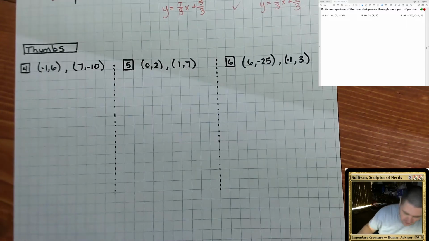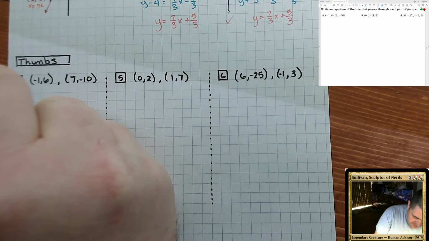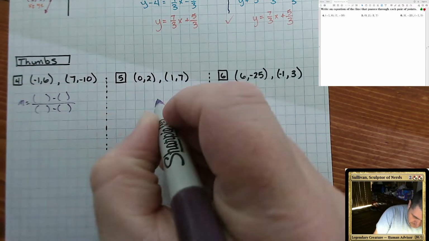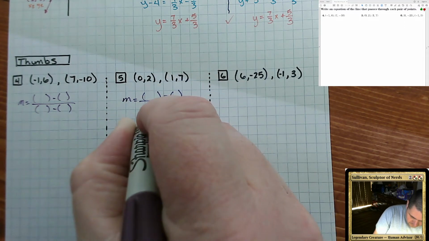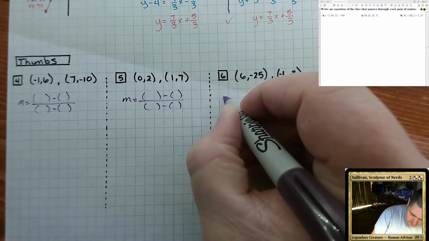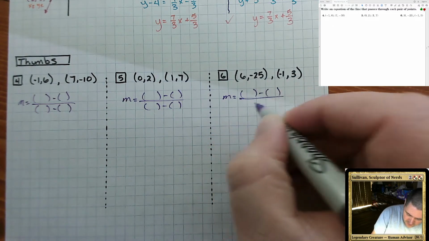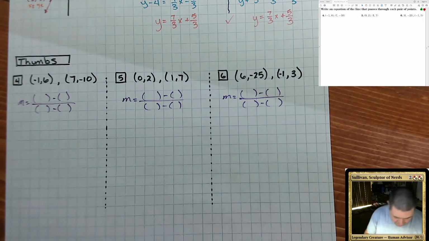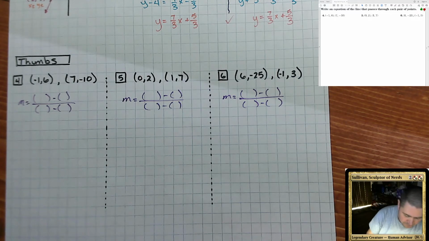All right, what we should have is in each of them, you start by finding your slope. You notice with each of them I'm setting up parentheses because parentheses keep us from screwing up negatives and exponents, because parentheses come first in the order of operations.